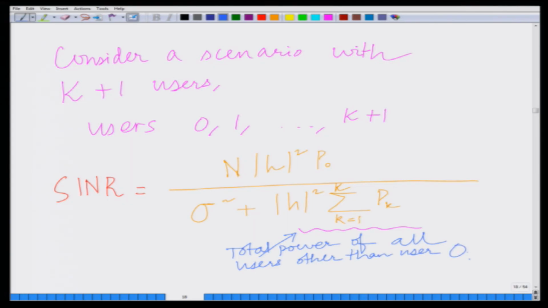So, the SINR is n times magnitude h square times p naught, that is the signal power, divided by sigma square, that is the noise power, plus magnitude h square times summation k equal to 1 to capital K of Pk, that is the multi-user interference from all the users other than user 0. So, this is the SINR of a multi-user CDMA system. Now, let us look at a simple example to understand this better.